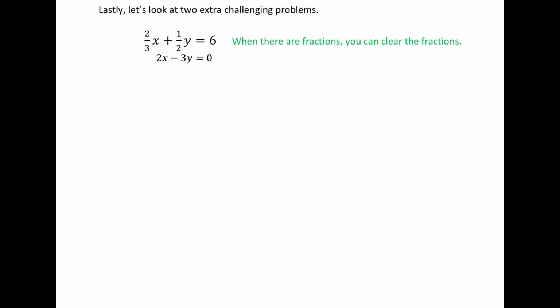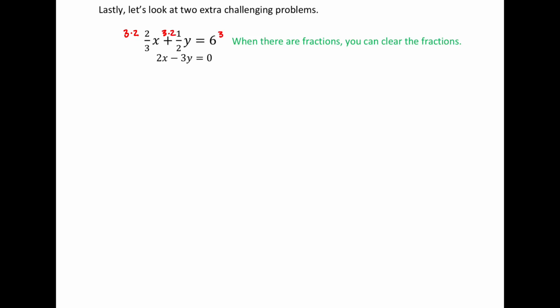Okay, so if you have something like this, where it just looks crazy, let's try to get them into a format that's not so crazy. In other words, get rid of the fractions and see what's happening. Okay, so if that's the case, I'm going to times by 3 and 2, right?